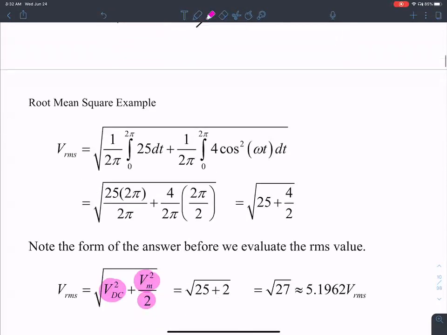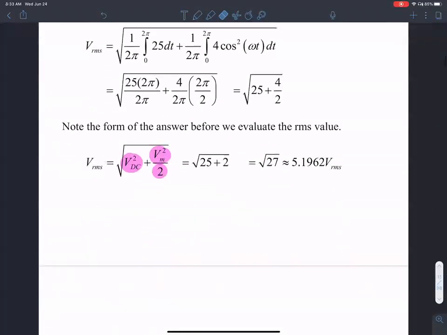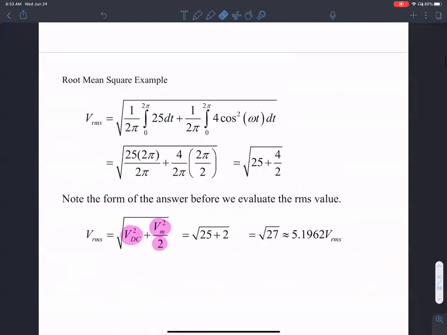Earlier I had just the term Vm squared over 2 under root. When I have a DC value, the RMS simply adds the square of the DC inside the square root. That's the VRMS with a DC offset. Is that formula true always, as far as a DC offset to a sinusoidal wave is concerned?